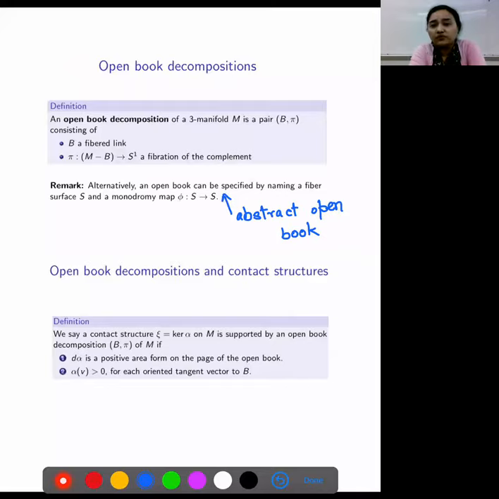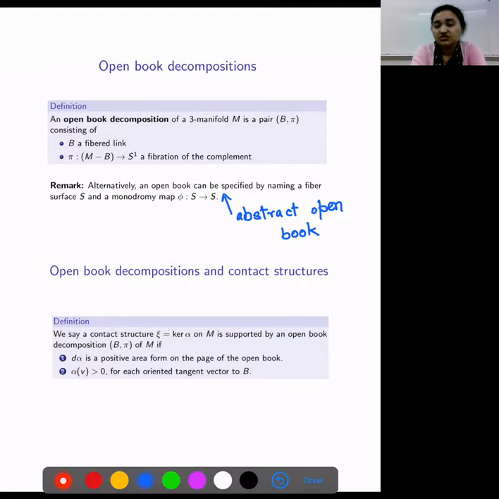Now, how are open book decompositions and contact structures related? We say that a contact structure is supported by an open book if two conditions hold. These technical conditions tell us that the fibered link, which is the binding of the open book, should be transverse, which is the second condition.